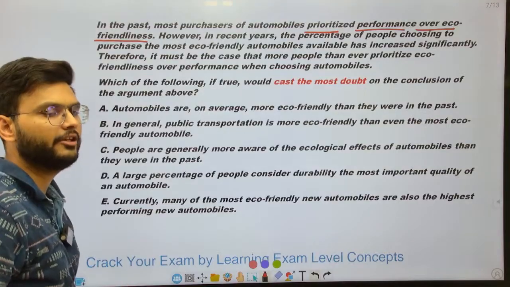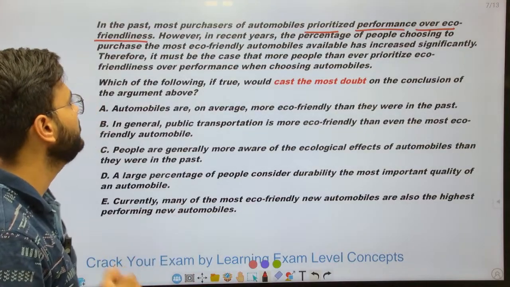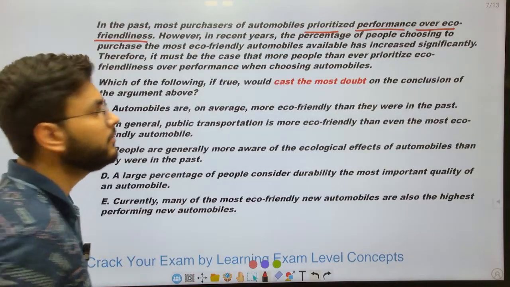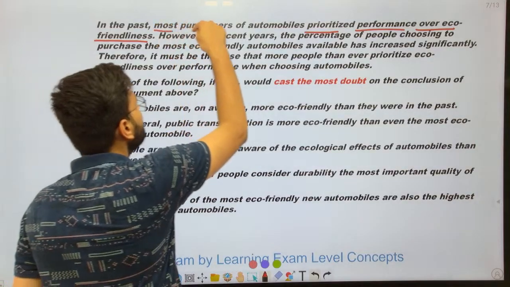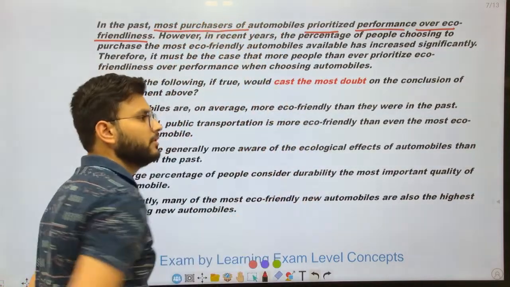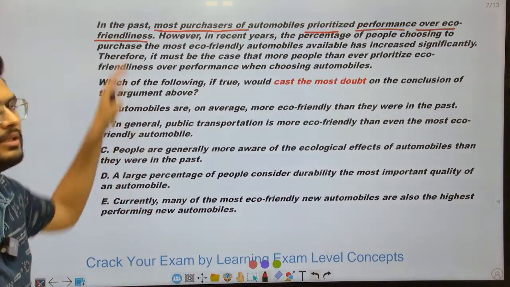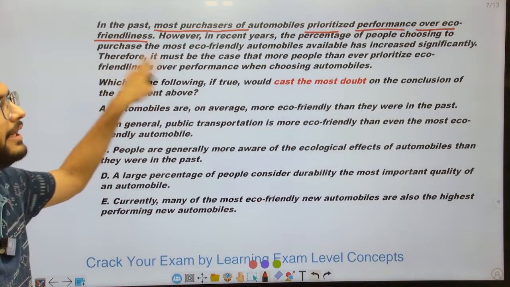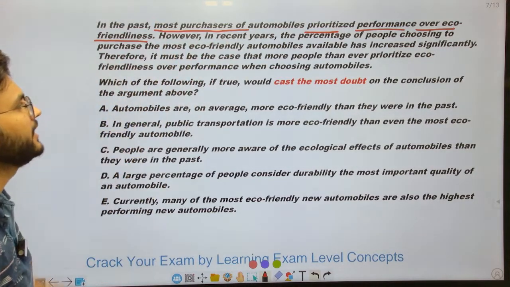It means you are telling their priority. And the priority of whom? Most of the purchasers. It means most of the people purchasing automobiles were prioritizing performance over eco-friendliness.